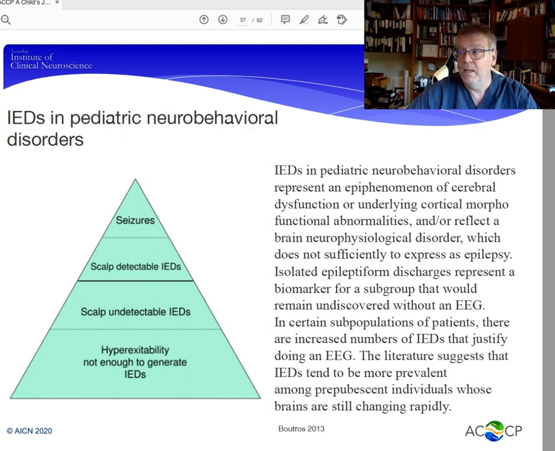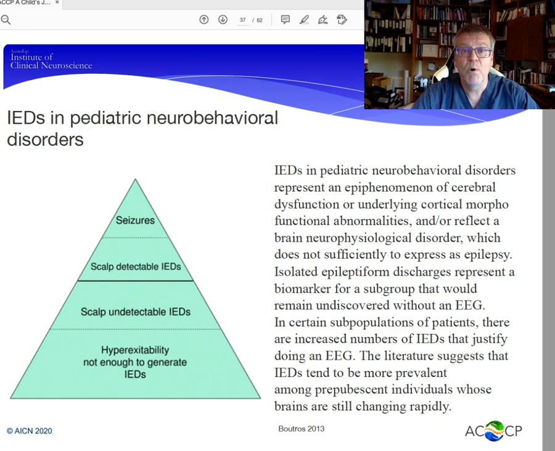Now, the IEDs represent an epiphenomenon of cerebral dysfunction, or an underlying cortical morphofunctional abnormality. So what does that mean? It means that sometimes the change in activity happening through these seizures can result in a change in the actual anatomy, so that the change in the synaptic map is happening in the child.